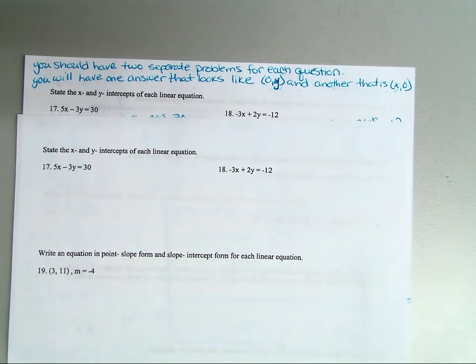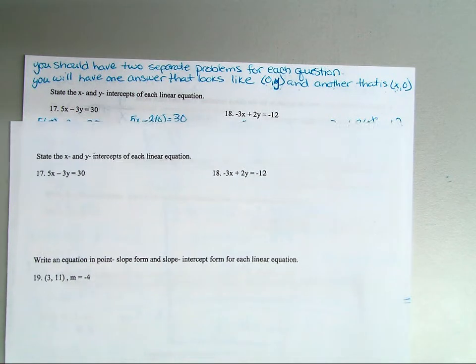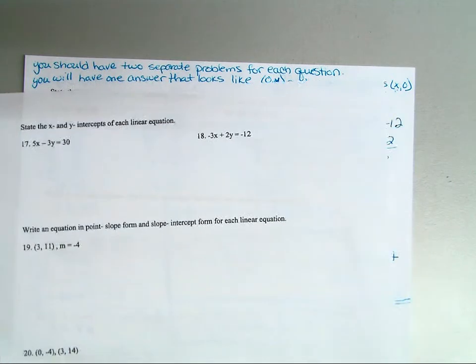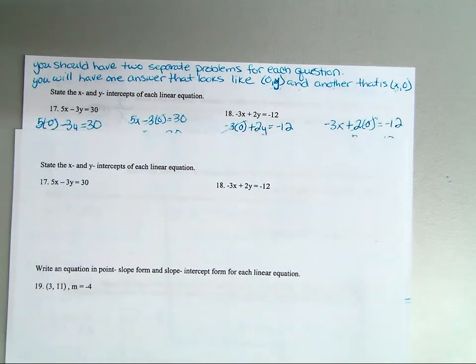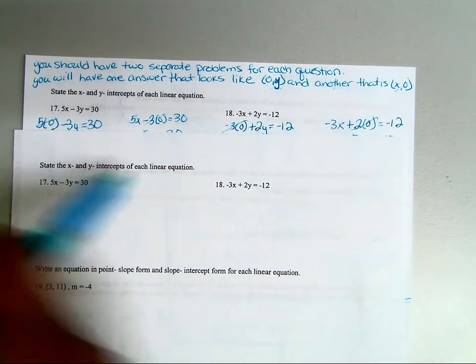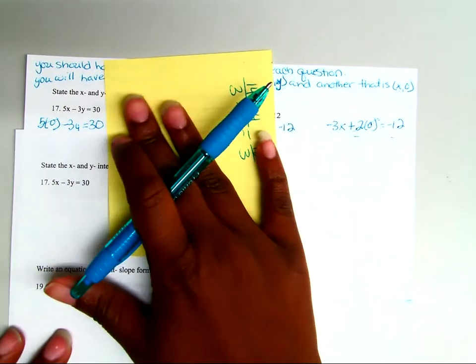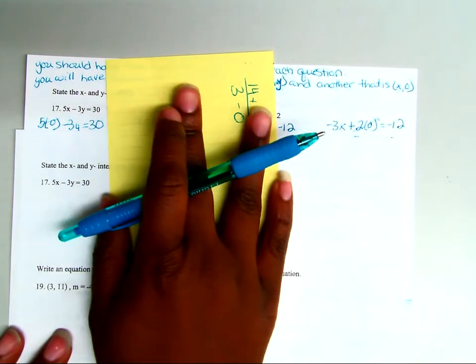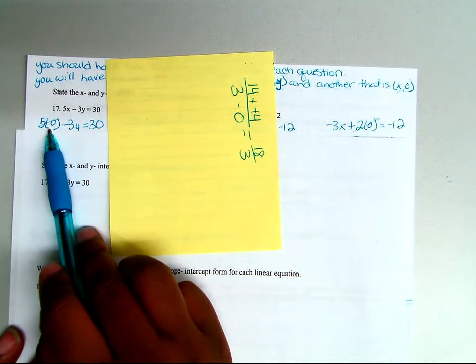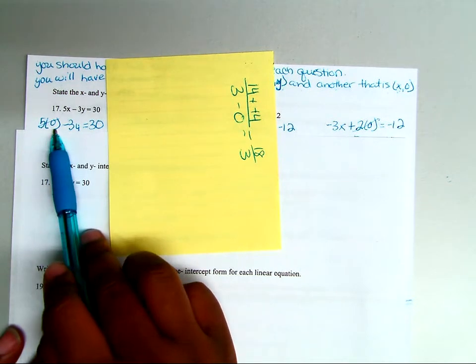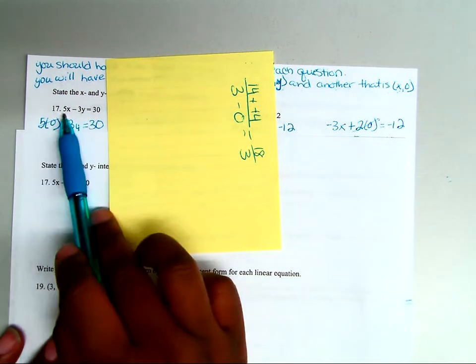So, it asks me to state the x and y intercept. I'm going to start off. If I plug in, I'm going to look for my y first. So I'm going to make our x 0.